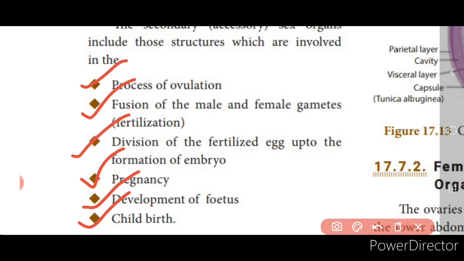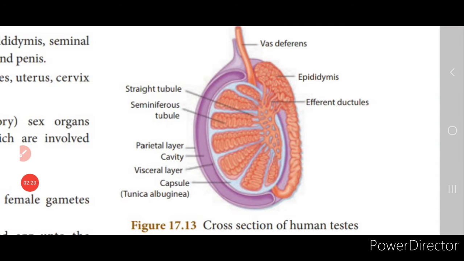The first we are going to see is the male reproductive organ, that is the structure of testis. Now look at the picture, children. Here you can see the cross section of the human testis. The testis is a reproductive gland, which is normally an oval shaped organ.